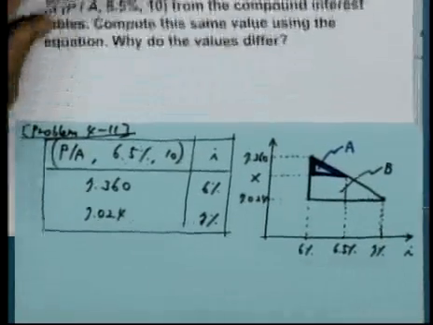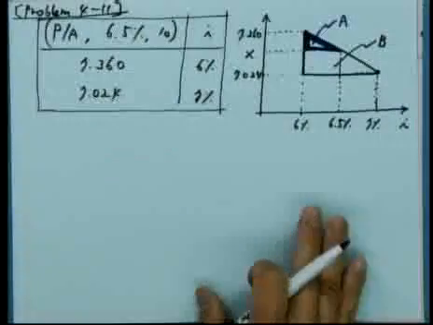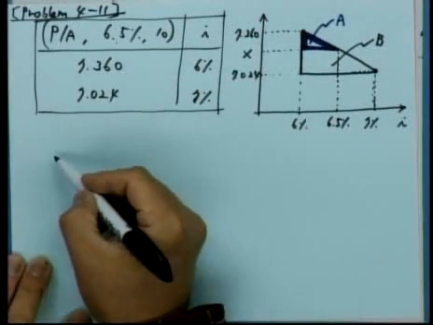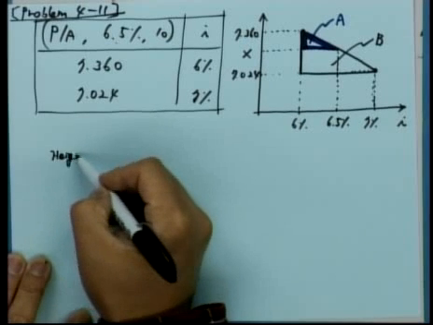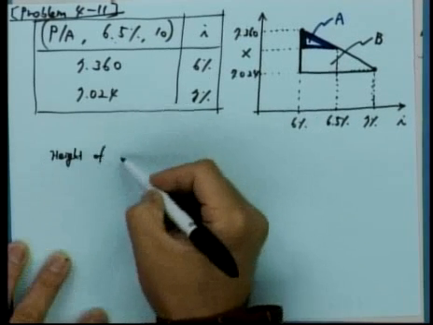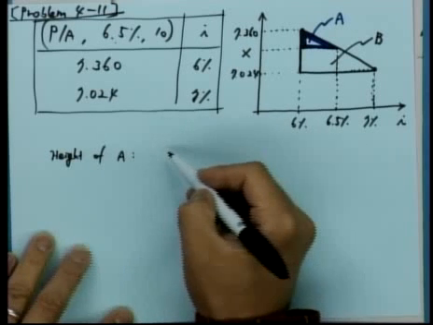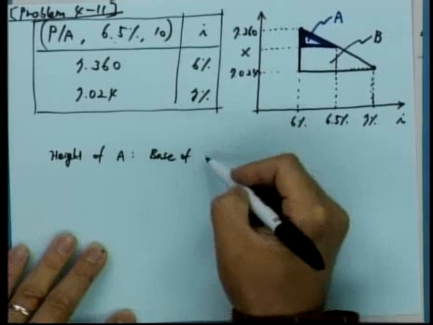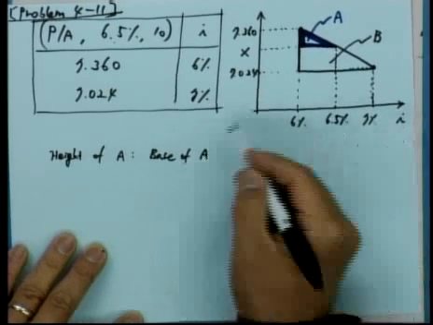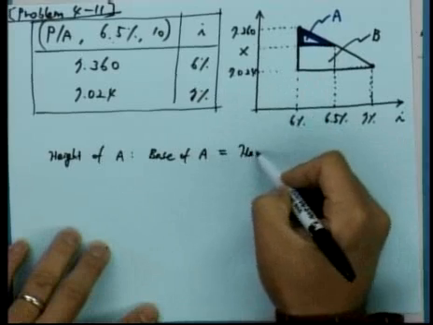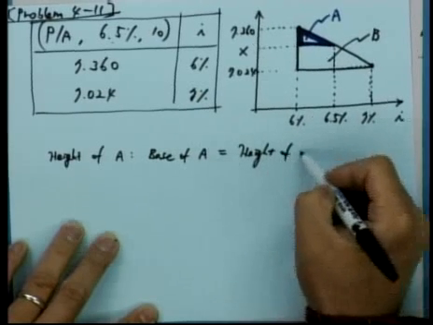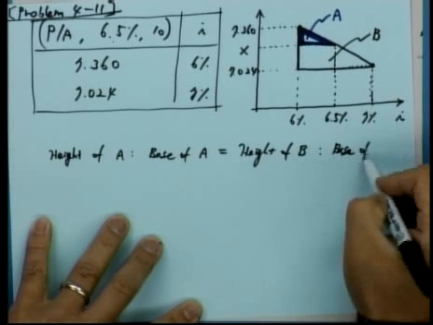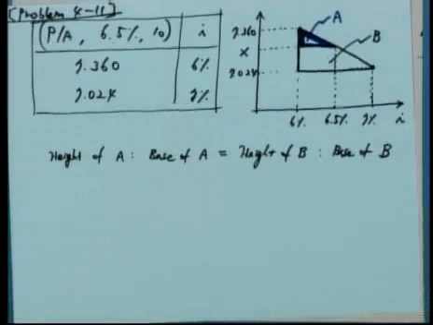So basically the height of triangle A versus the base of triangle A equals the height of triangle B versus base of triangle B. Okay?